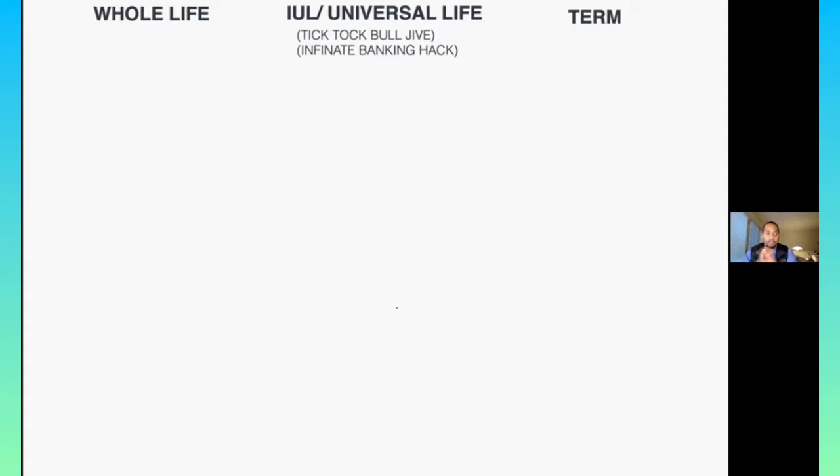Okay, so let's talk about whole life insurance. Now, this is a very common and pervasive type of insurance that gets pushed every day. I'm sure everybody's seen the Colonial Penn commercials, right? Guaranteed insurability, cash value you can borrow against, all those things, right?